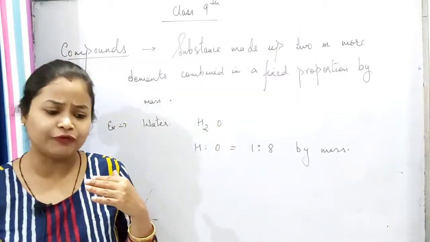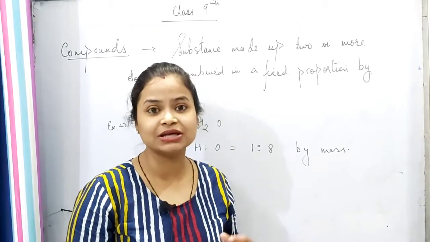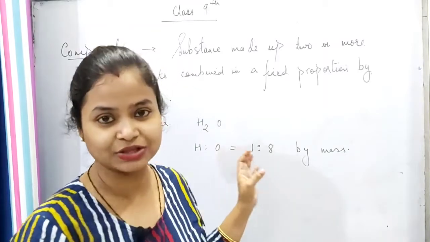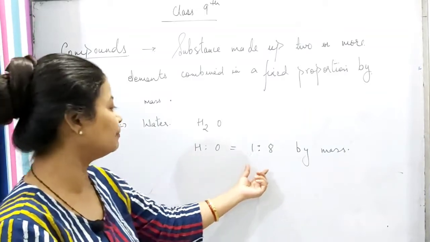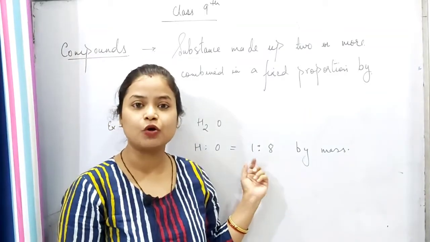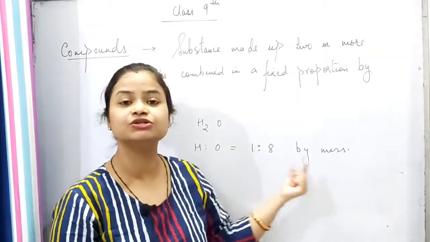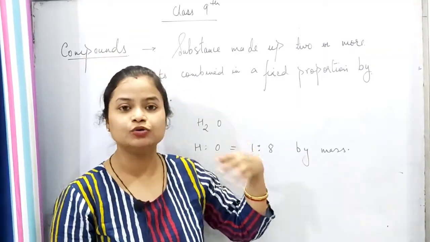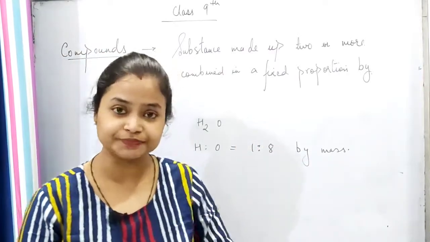Whenever you are talking about water, it will always have this formula only, H2O. Here hydrogen and oxygen have been combined in the ratio of 1:8 by mass. This ratio is of mass, and you will study further what it means.